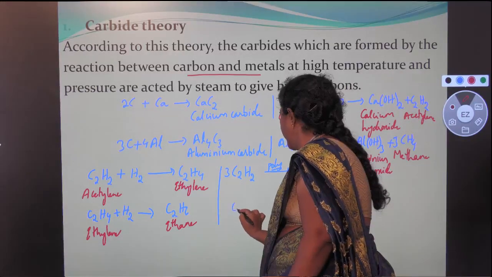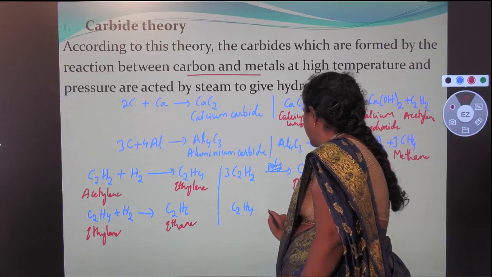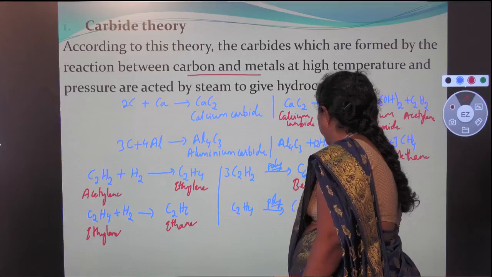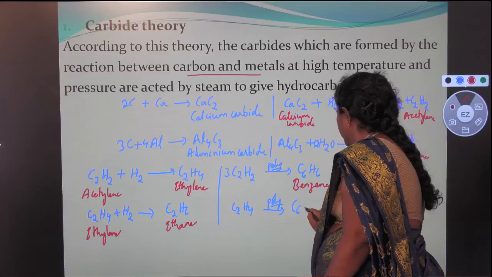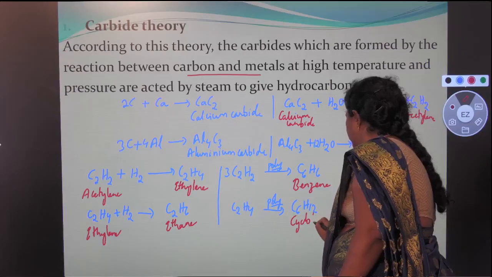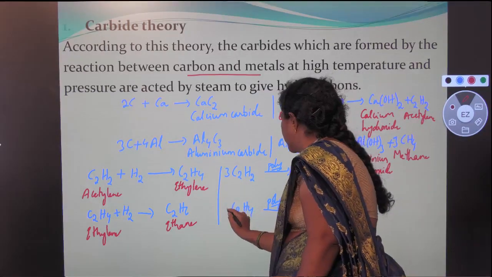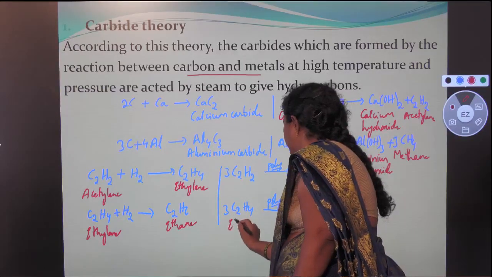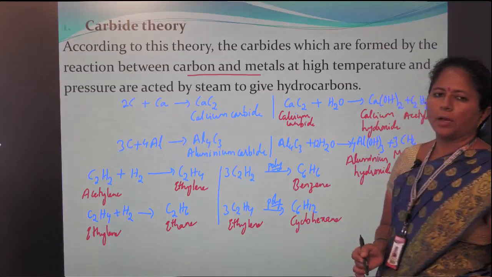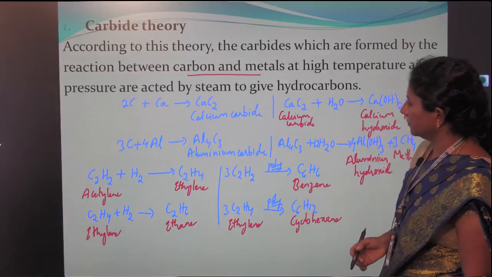Similarly, the ethylene C2H4, on polymerization will form cyclohexane. So this is how various hydrocarbons are formed.